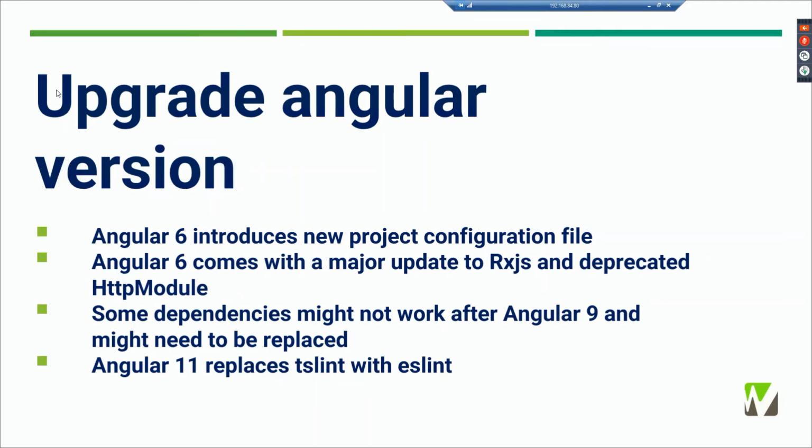Some of the hardest or the most important things that you need to have in mind during the updates. With Angular 6, Angular introduced a new name for the configuration file. So now it's not angular-cli.json anymore, but angular.json, and the structure has changed a bit. And you will have to convert your configuration file to this new structure. Angular 6 also comes with a major update to RxJS.